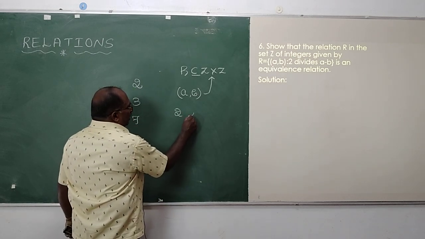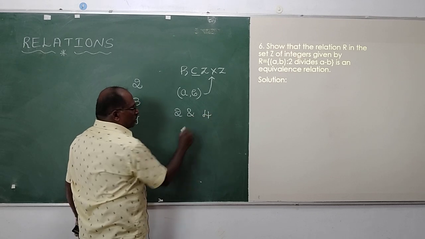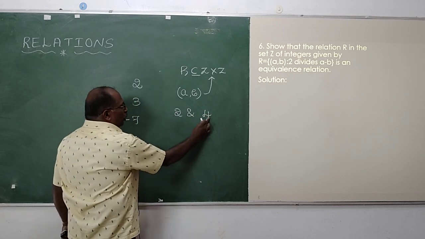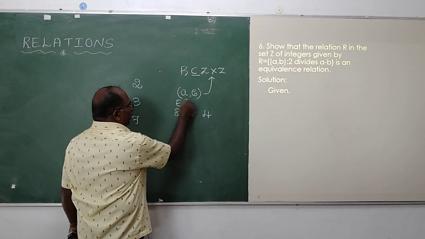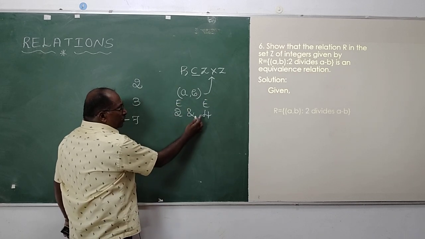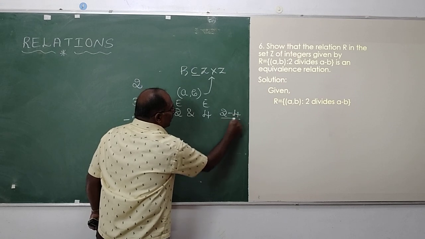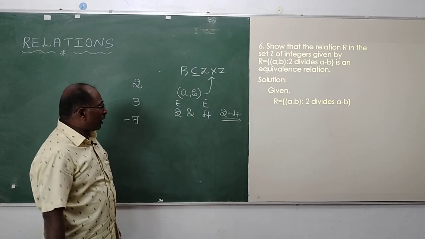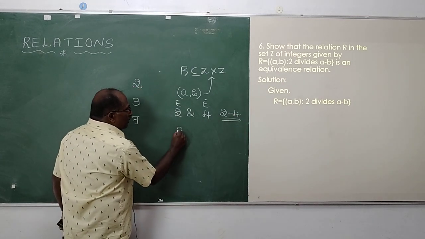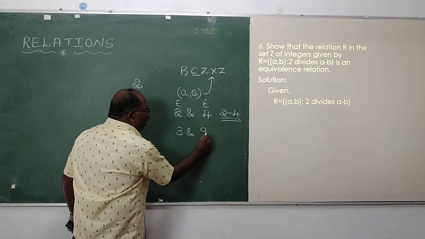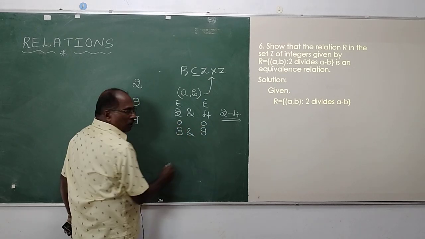Consider the integers 2 and 4. Students, here both 2 and 4 are even. The difference of 2 and 4 is 2 minus 4, which is equal to minus 2, divisible by 2. 3 and 9 are odd numbers.